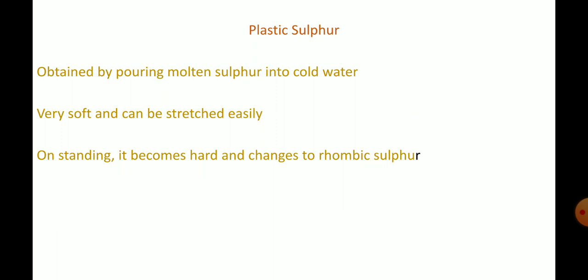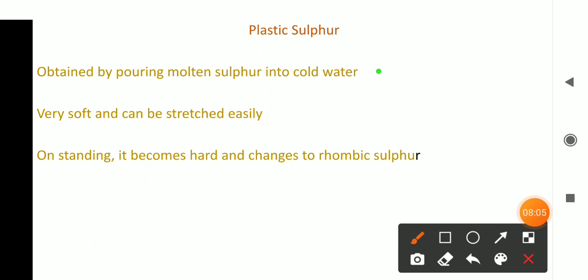Then plastic sulfur, which is gamma sulfur. First we are going to see how this gamma sulfur is obtained. Look at point number 1. It is obtained by pouring molten sulfur into cold water.